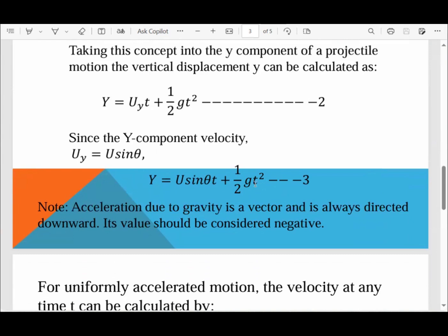So the sign of the acceleration should be negative, because by convention, a vector that indicates upward is taken as positive and a vector that indicates downward is taken as negative. That is why here I have said acceleration due to gravity is a vector and it is directed downward. Its value should be considered negative.